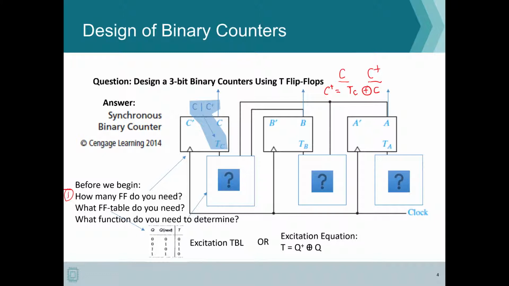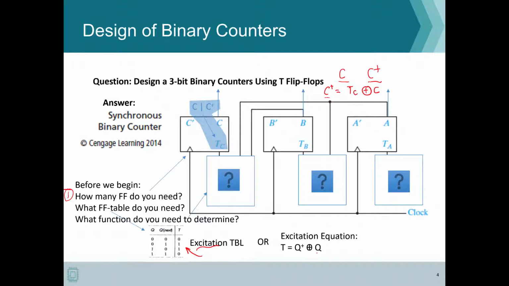Similarly, for the various flip-flops, you have your next state equations, and that's what we actually use in analysis. But in the case of a design, we would need to consider our excitation equation, or the excitation table. We have already seen in our earlier modules that we can represent our flip-flops by an excitation table, as here for the T flip-flop, or the excitation equation.